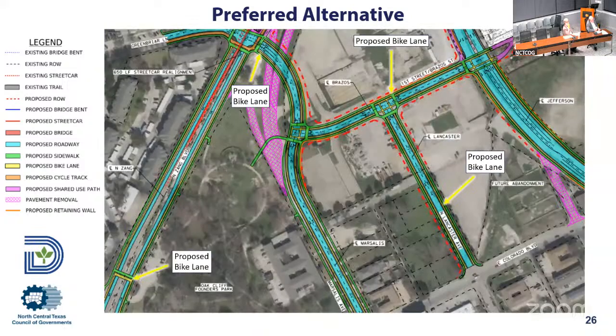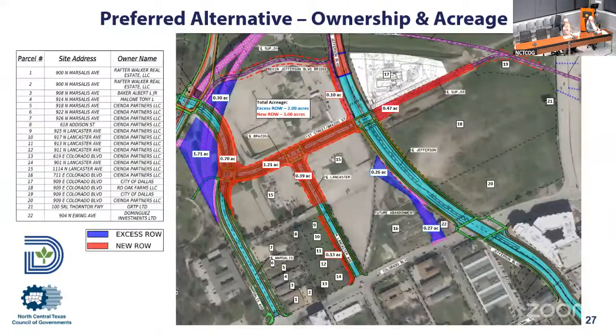Here is your more close-up look of the proposed bike lanes. You can see the proposed bike lanes in yellow and pedestrian elements in green, and the elimination of that spaghetti connecting to Marsalis as part of that initiative. If you go to the next slide, one of the items that came up on the developer side, hey, what are you doing that has impact on potential land that is owned?